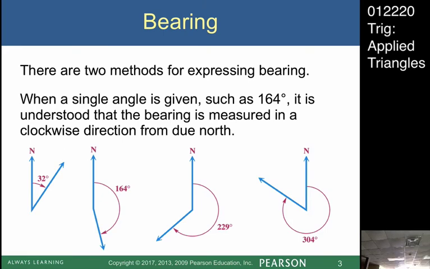So rather than, up until this point, our zero has always been right here, and we've measured angles in that direction, right? Like this would have been 45, this would have been 90, this is 180, etc. Well, with bearing, this reference point is due north, and we go clockwise rather than counterclockwise.